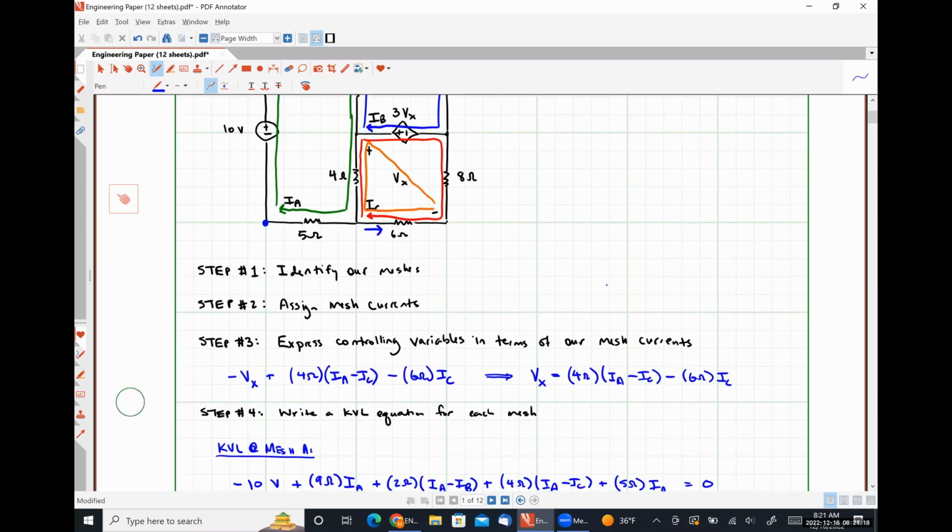Yes, I could have. The reason why I didn't use the triangle to the top right is because Vx wouldn't have then been expressed only in terms of mesh currents. So if I had used the other triangle there, I would have had negative Vx plus 3Vx plus 8 IC is equal to 0.